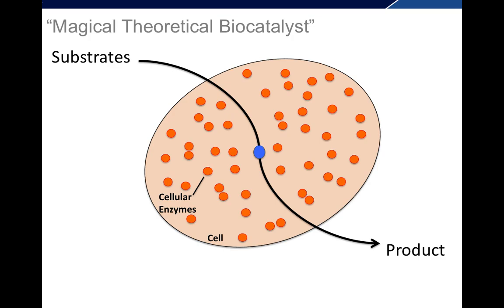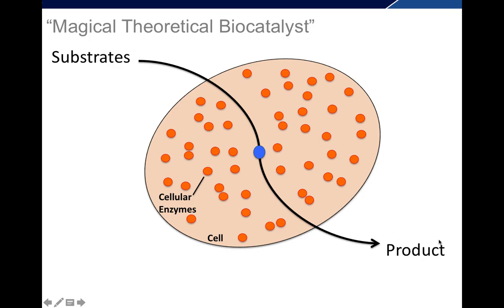So in the real world, you may have a product that requires multiple enzymatic steps to go from substrate to product. But in this case, we're condensing everything down to a single theoretical enzyme that magically converts whatever substrate you want to the product that you want. Now again, to clarify, if your product is a protein or is an enzyme, the blue enzyme is not the enzyme that is the product, it's the enzyme that makes the product, right?